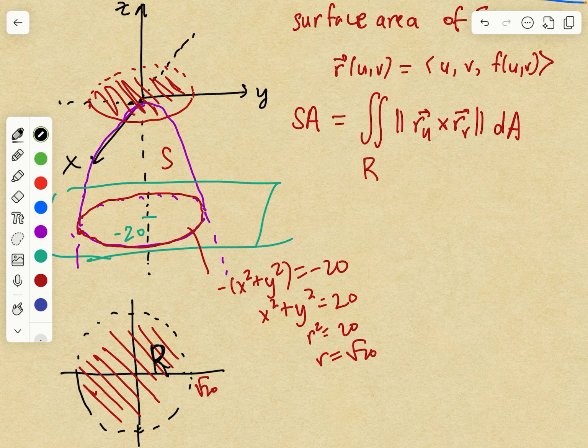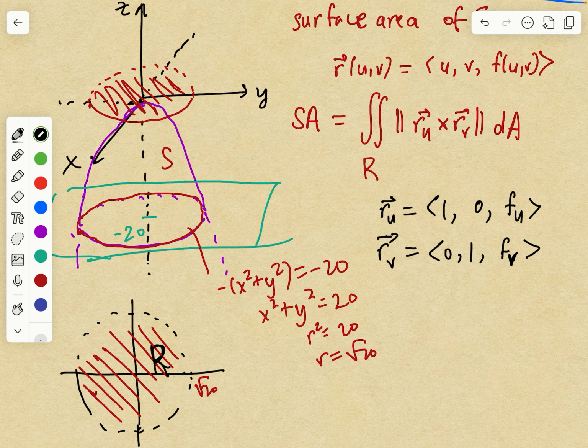Okay, so now let's calculate the thing that we're integrating. So r sub u is going to be 1, 0, f sub u. R sub v is 0, 1, f sub v, right? We're just taking the partial derivatives of each of them with respect to u and v.